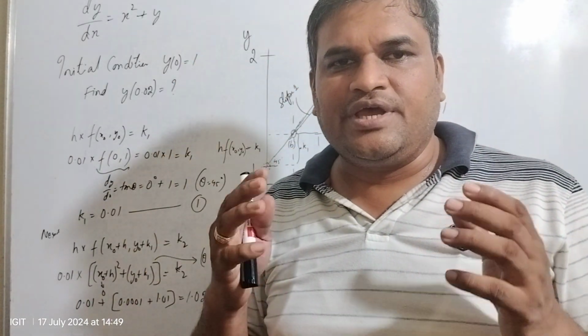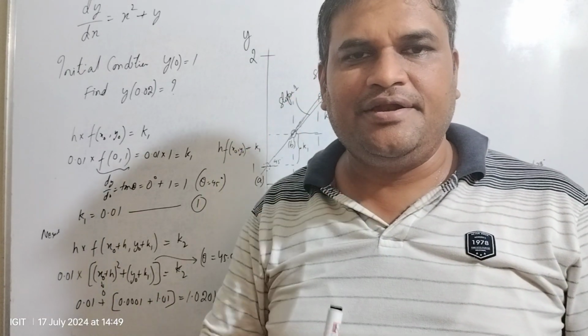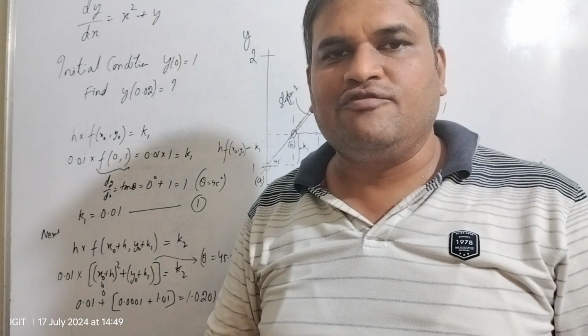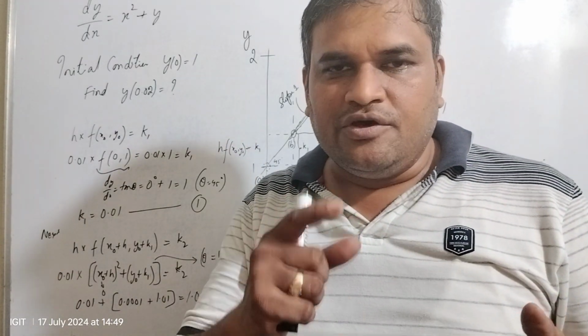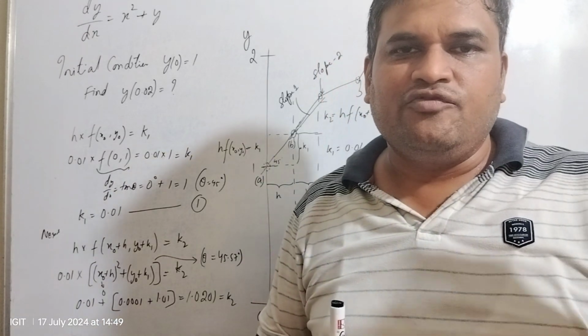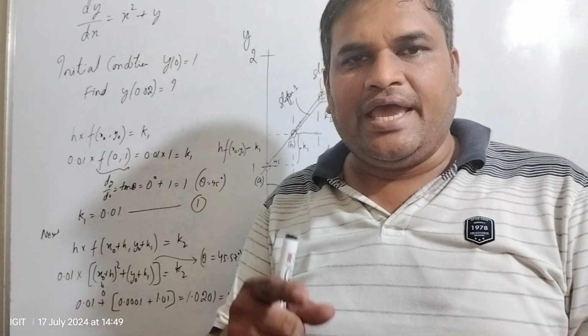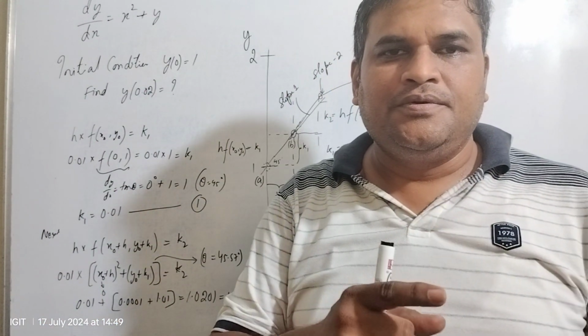So k1 plus k2 divided by 2 gives an average value of the height k, which is added to the initial value of y, and we get the next value y1. Now in the second iteration, y1 now plays the role of y0. Again we find k1 and k2 and get a value of y2.